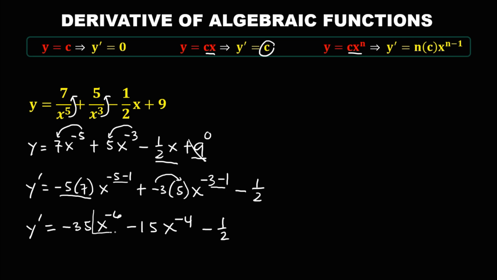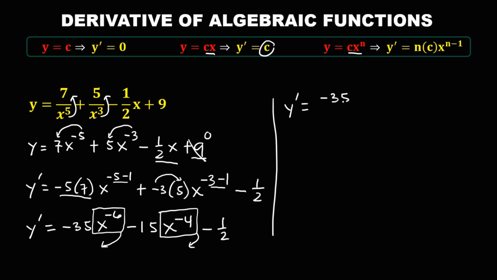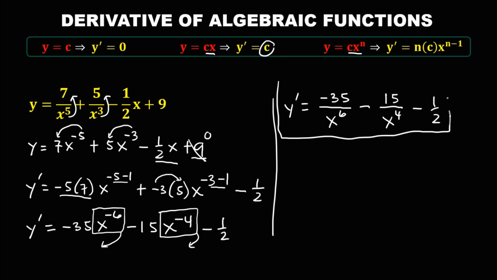Then this time, to make this exponent positive, you bring down, so we have y prime equals negative 35 over x to the power 6, then minus 15 over x to the power 4, then minus 1 half. So this is now the derivative.